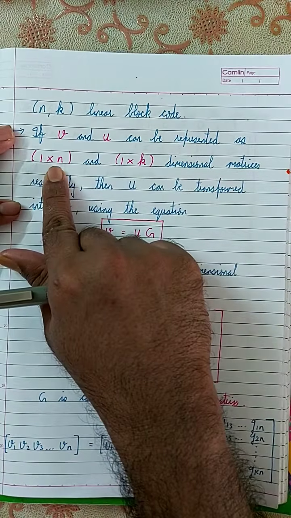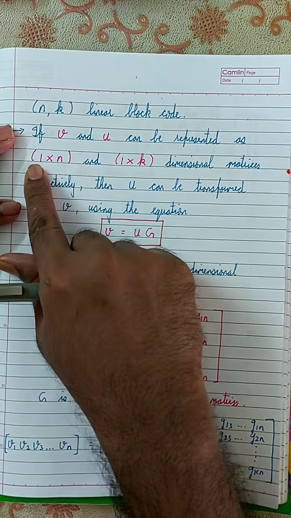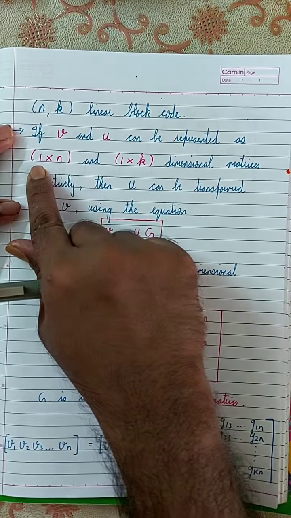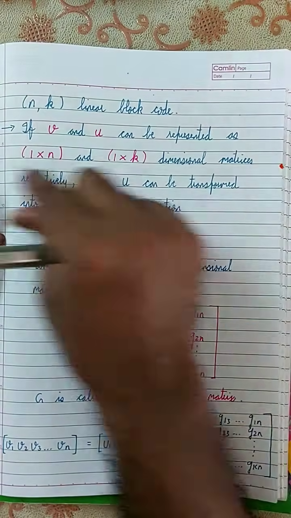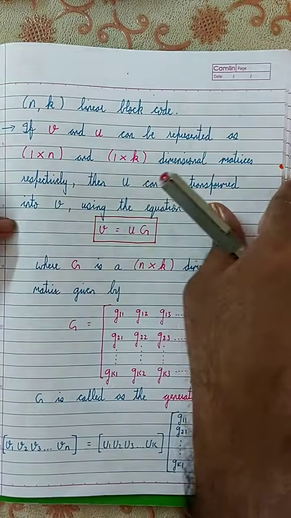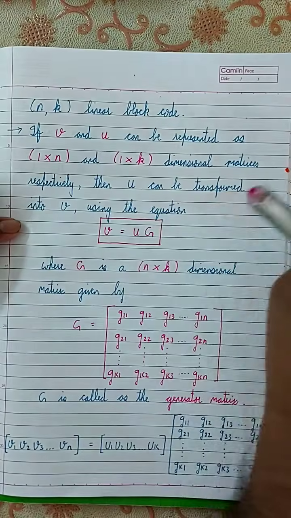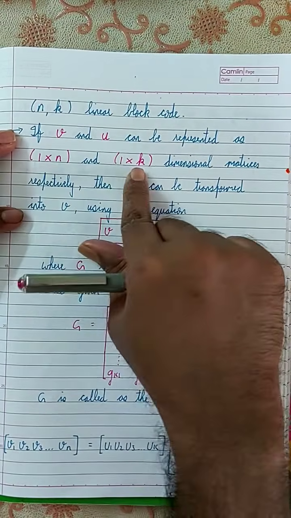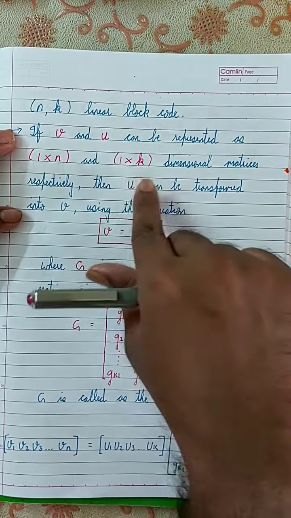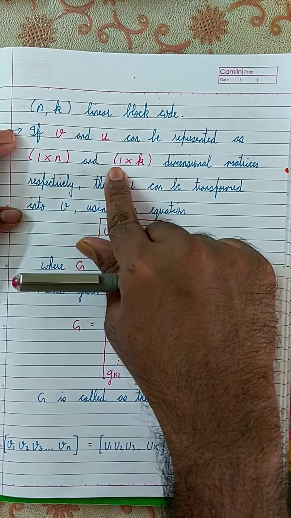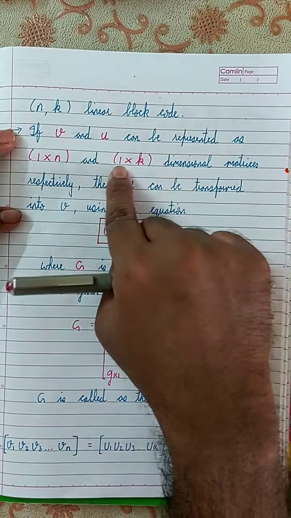What does 1 by n mean? V is a matrix of dimension 1 by n, which means it has only one row and n columns, or n elements. Likewise, U can also be represented as a matrix with one row and k columns.